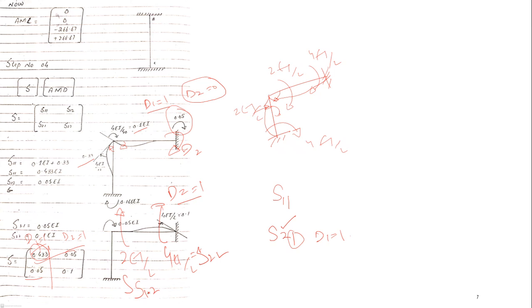You should know that S12 should always be equal to S21 because it's a symmetric matrix, and that's why S12 would be equal to S21. I mean, these two should always be equal. However, these two would be different.